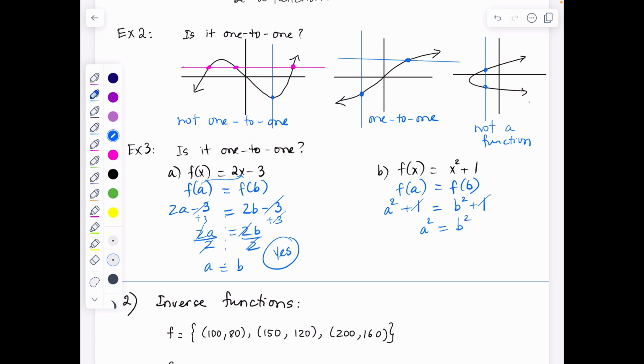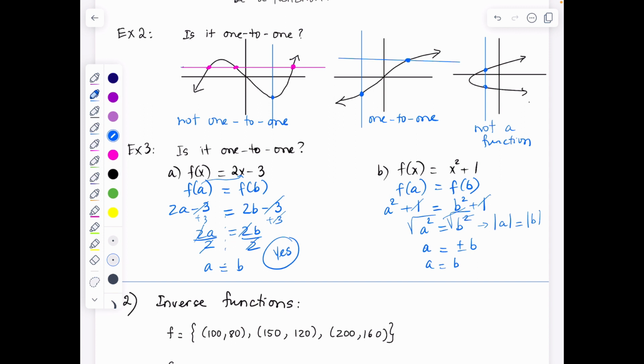Now, to get a by itself, you need to take the square root of both sides. So when you take the square root, you get a is equal to plus or minus b. The square root and the square cancel, but you're left with plus or minus b, because technically when you take the square root of a squared, you get the absolute value of a, and the absolute value of a is equal to the absolute value of b, so then a is either positive b or negative b.